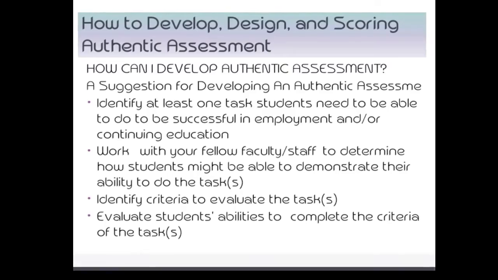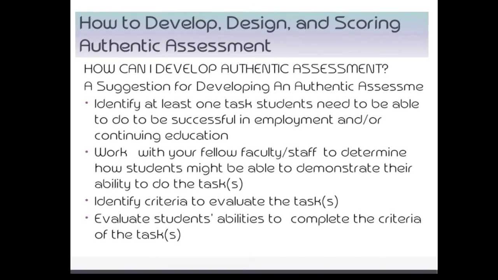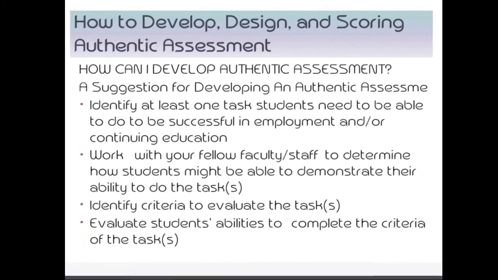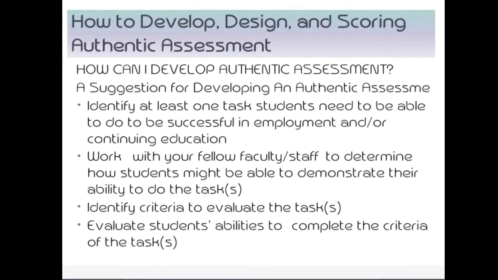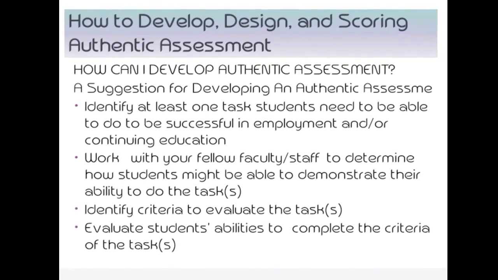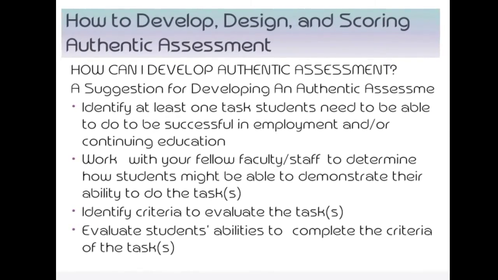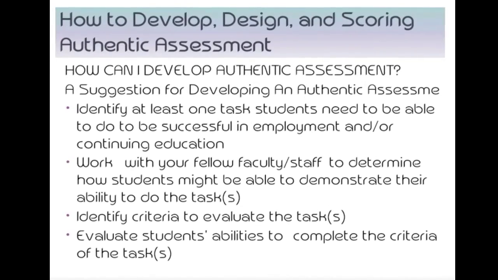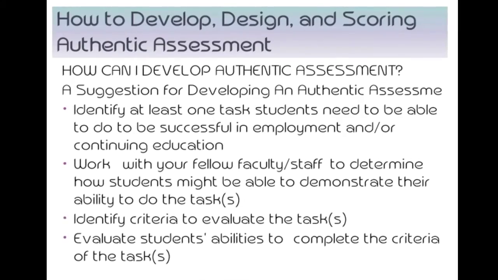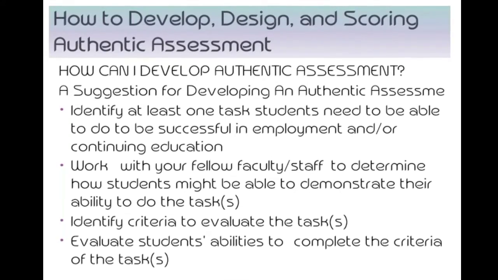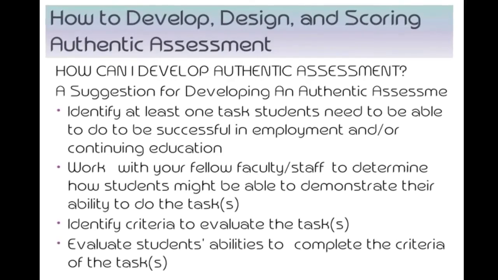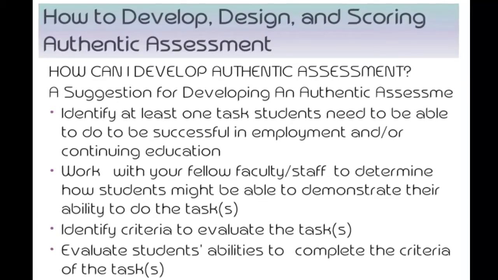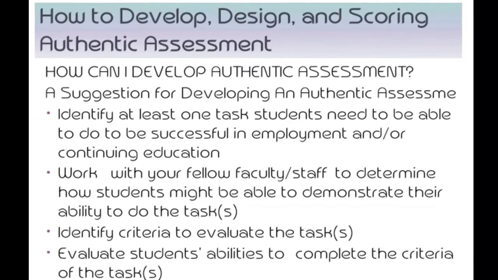And the next is how to develop, design, and score authentic assessment. First, how can I develop authentic assessment? A suggestion for developing an authentic assessment is, first, identify at least one task students need to be able to do to be successful in employment and or continuing education, and then work with your fellow faculty staff to determine how students might be able to demonstrate their ability to do the tasks.